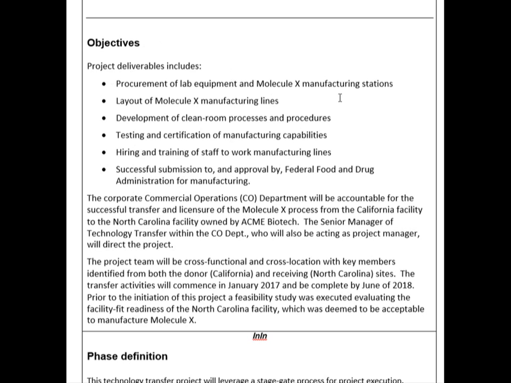We're going to procure lab equipment and molecule manufacturing stations, lay out the manufacturing lines, develop clean room processes and procedures, test and certify our capability, hire and train staff, and submit to and get approval by the Federal Food and Drug Administration for manufacturing approval.